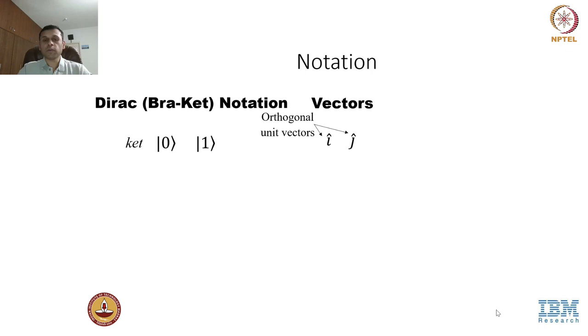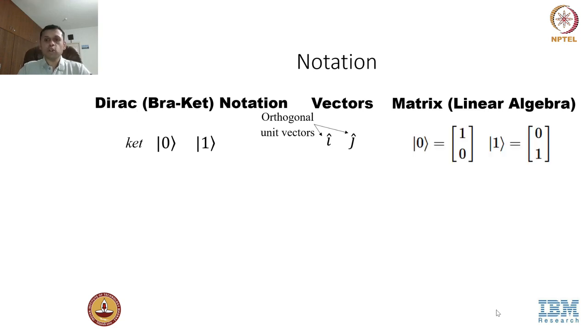If you think of a two-dimensional vector space with the i and j vectors on the x and the y axes, the ket 0 and ket 1 are roughly equivalent to that, and they are also equivalent in linear algebraic terms to column matrices. So the ket 0 can be represented as a column matrix of 2 rows, first row being 1, second row being 0, and the ket 1 having the first row 0 and second row 1.